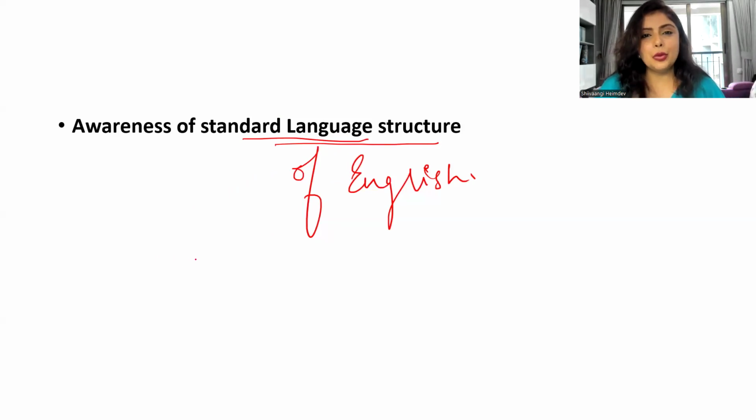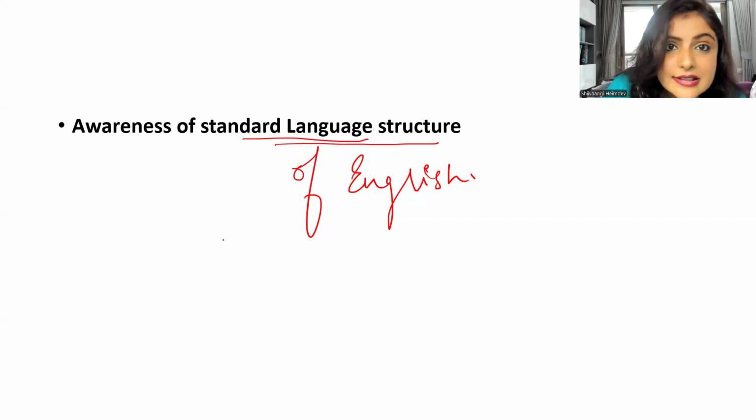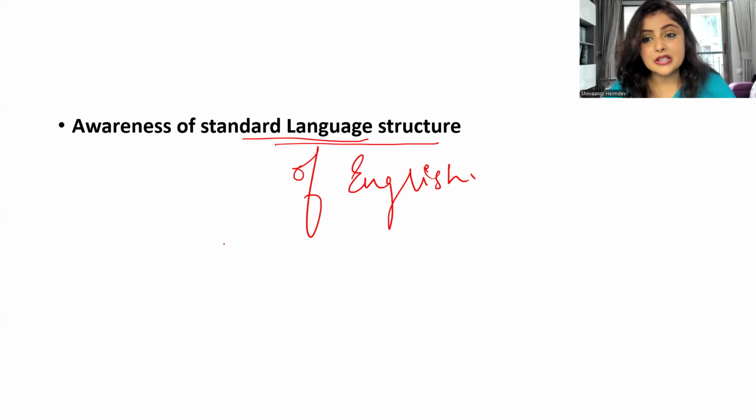And when you're not able to create a sentence structure, that's where you get hesitation, that fear of talking, and that's where your fluency gets affected. So stop translating, and start getting awareness of the standard language structure.